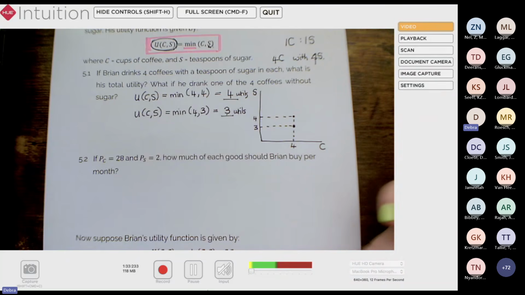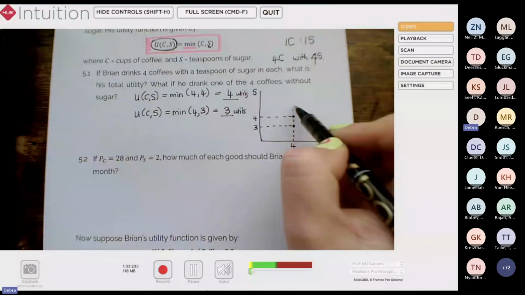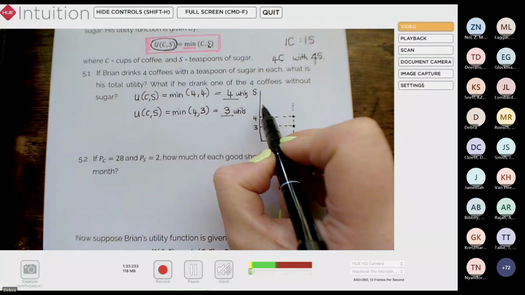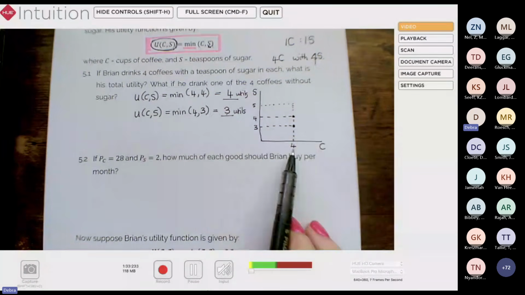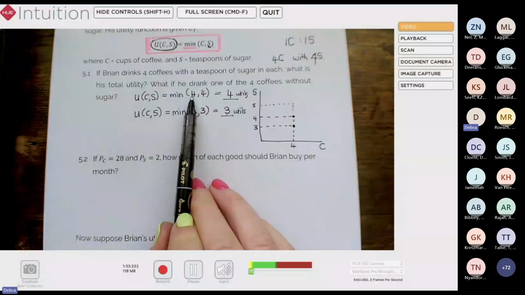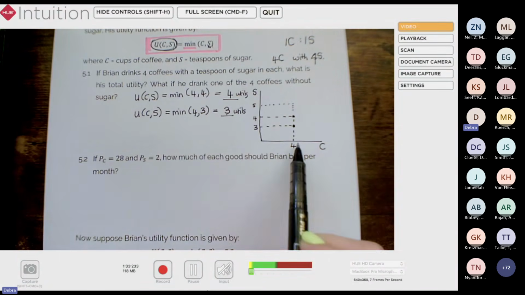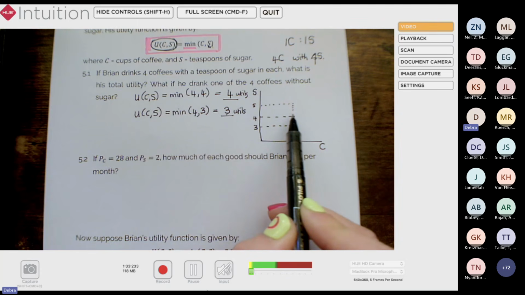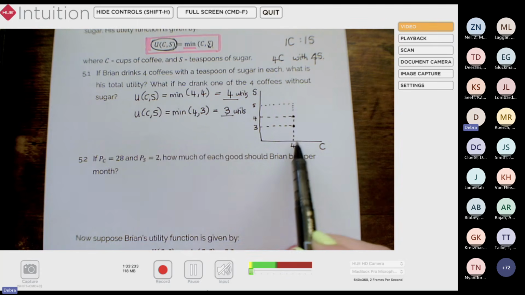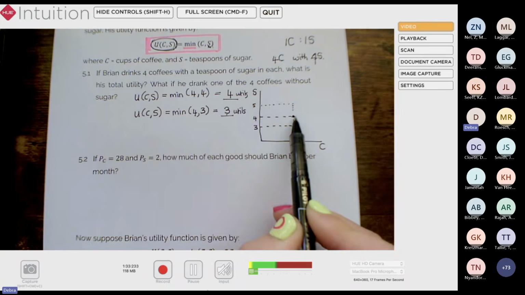What if he drank 4 cups of coffee and 5 teaspoons of sugar? What would his utility be then? It would be 4. If he drank 4 cups of coffee with 4 teaspoons of sugar, and he drank 4 cups of coffee and had an extra teaspoon of sugar in one of them, he would be just as happy. In other words, these two lie on the same indifference curve.